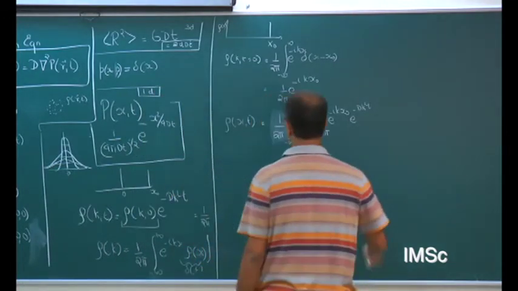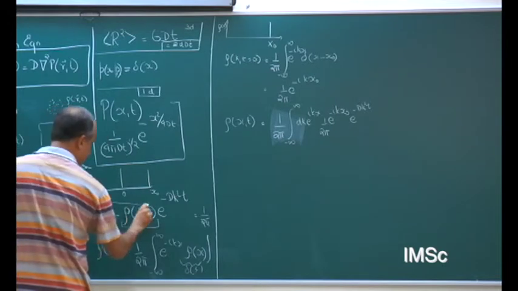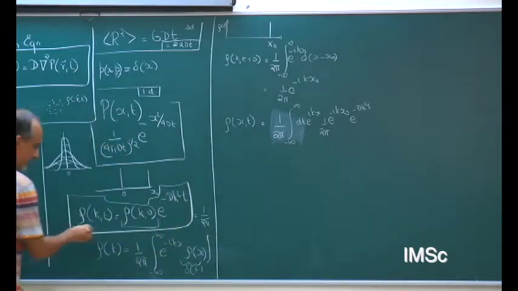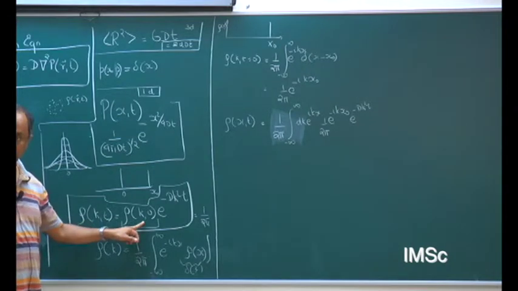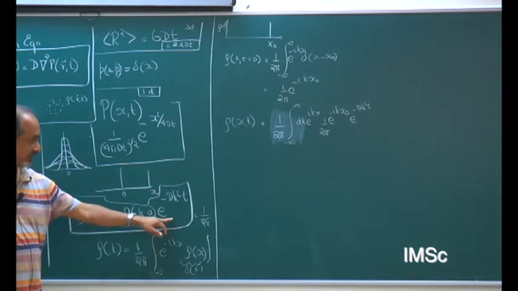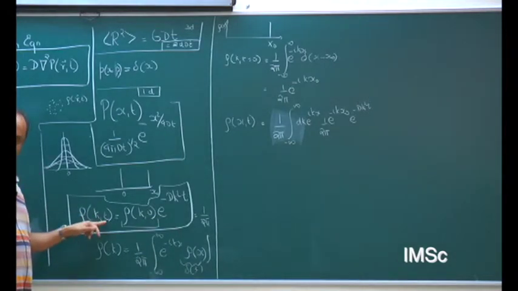So you agree that this is the form that we described earlier. This is the result that we got when we took a Fourier transform. In terms of rho k comma 0, which is the initial condition, and the factor e to the power minus d k squared times t, we were able to write rho of k comma t.